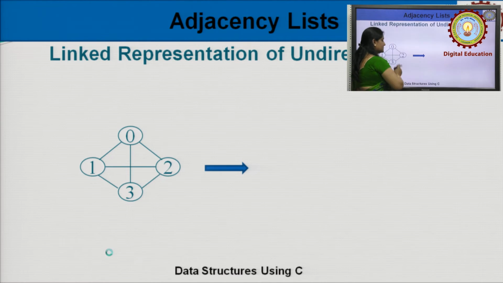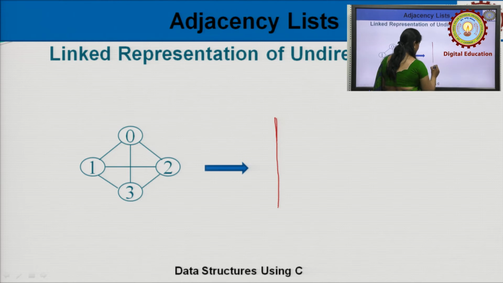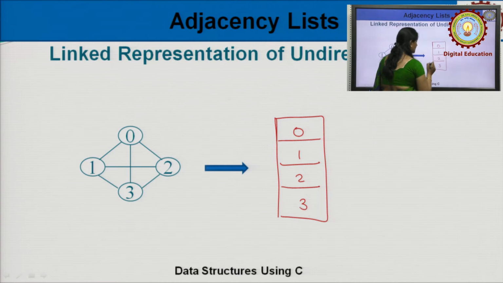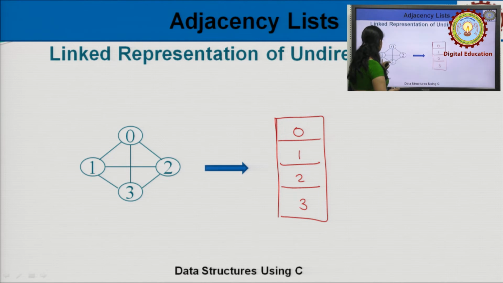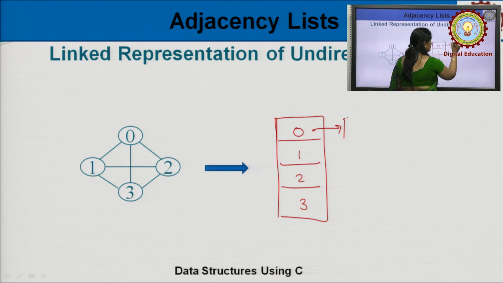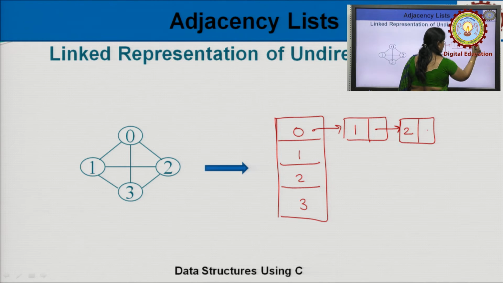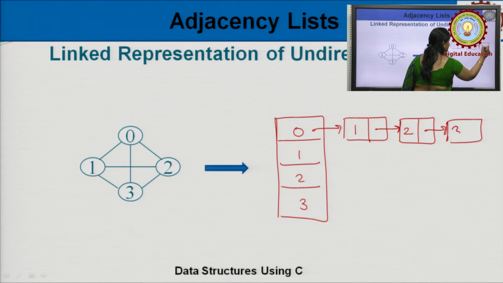There are 4 vertices in the graph, so size of the array is 4. 0, 1, 2, 3. 0 is adjacent to 1, 2 and 3. ऑर्डर कोई सा भी आप यूज़ कर सकते हैं, बस इतना है कि 0 एडजेसेंट है 1 पे, 2 पे एंड 3 पे. तो 0 इज एडजेसेंट टू 1, 2 and 3. After that there is no adjacency list, so adjacency list field will contain null value.